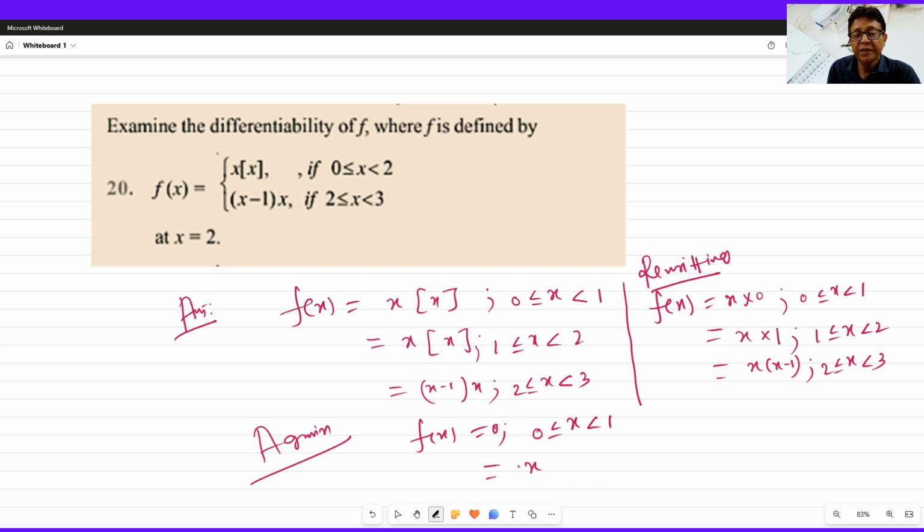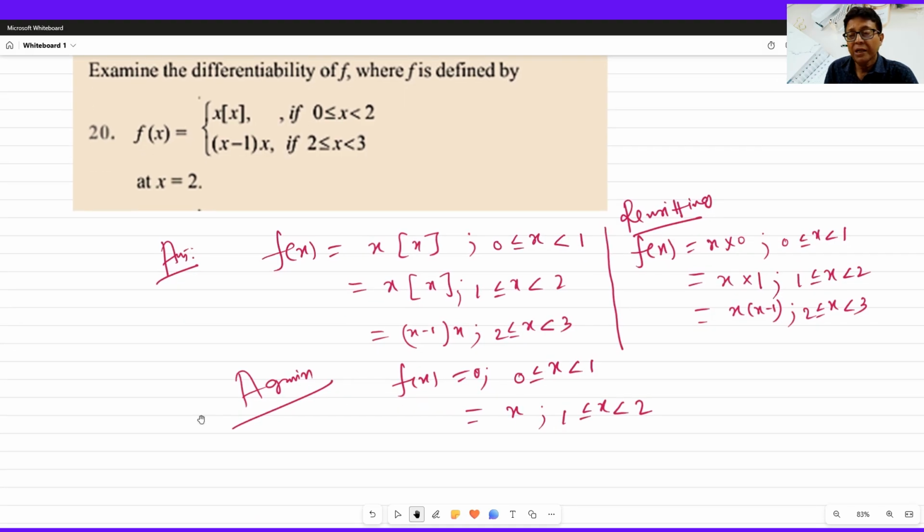This is x for x greater than 1 and less than 2, and this thing is x squared minus x for x greater than or equal to 2 and less than 3. So here I will be using that technique.